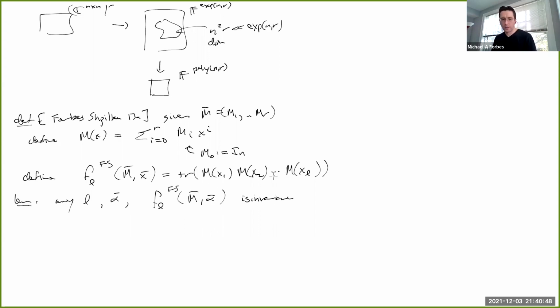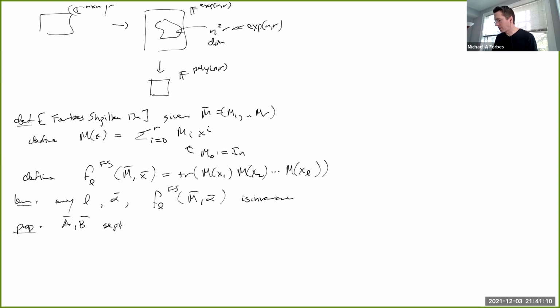Okay. And so then the key lemma, proposition maybe, is the following. Why am I defining it this way? Well, suppose that you have A and B, 2 tuples.